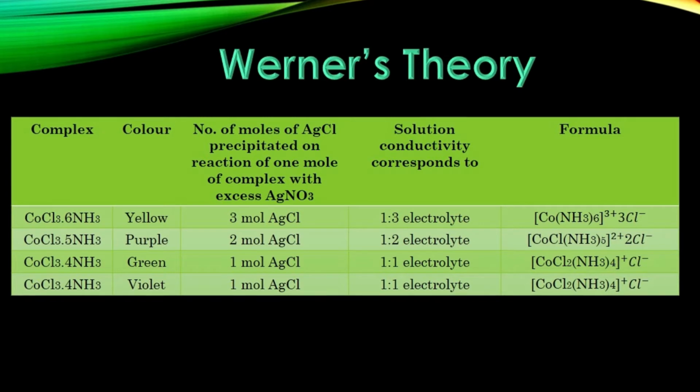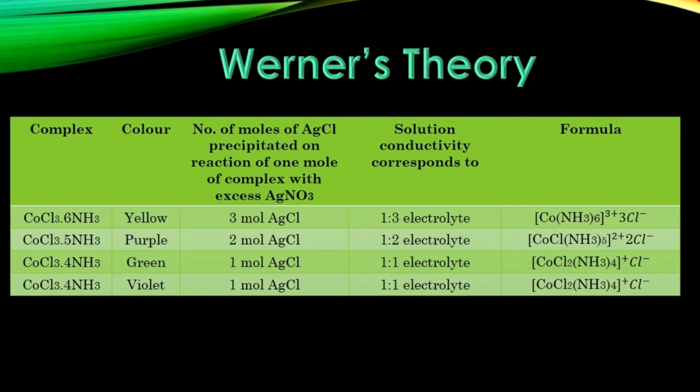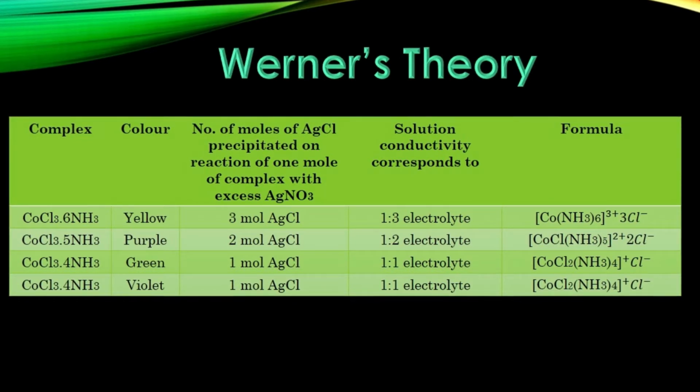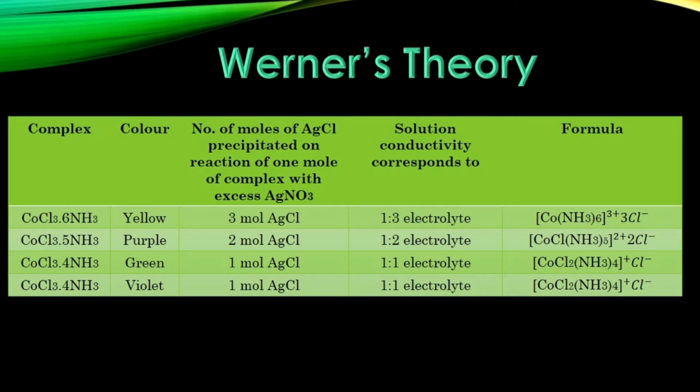Based on all the experimental findings, Werner predicted that the ions which are ionizable will be called primary valency, and they are present just to satisfy the oxidation state of the central metal. Whereas the ions which are non-ionizable contribute to the secondary valency, and they are present to satisfy the coordination number of the central metal atom.